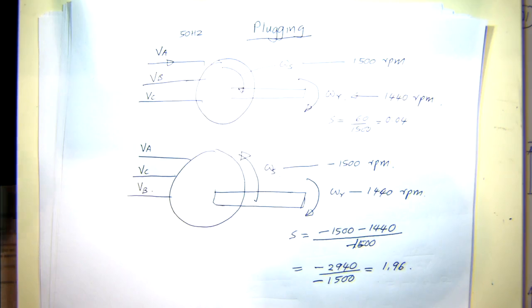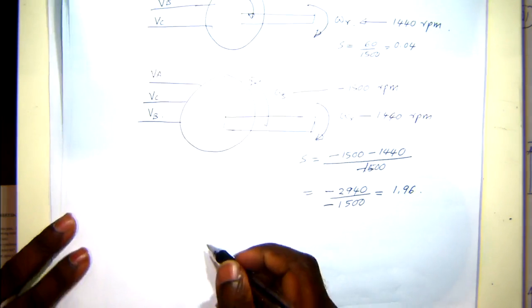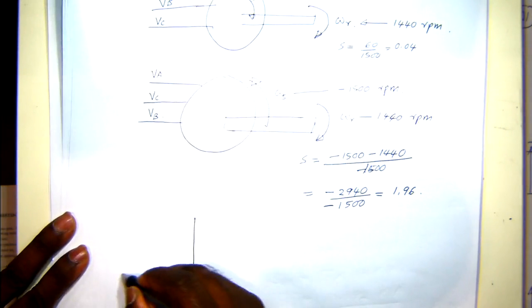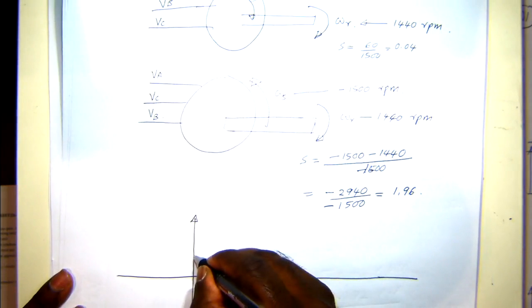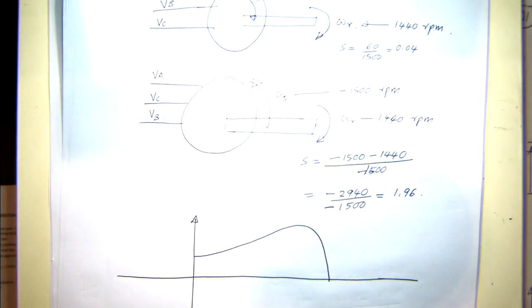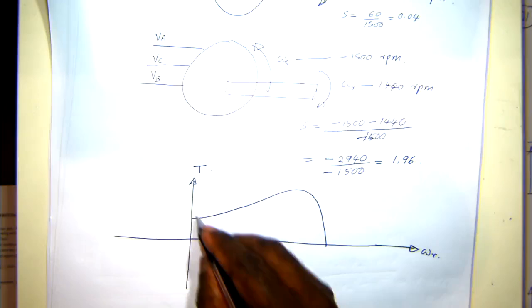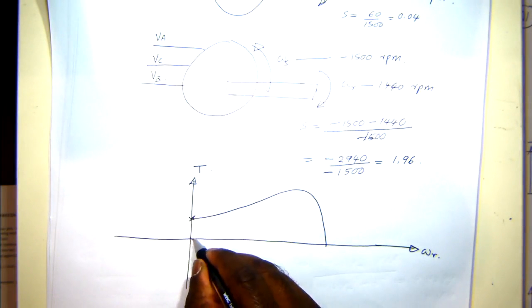So if you look at the torque speed profile, I think you've come across the torque speed profile before for the induction machine. It's something like this. So this is speed, and this is torque. This is the zero speed condition.